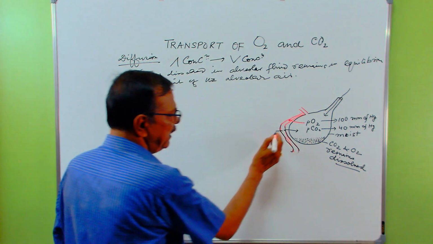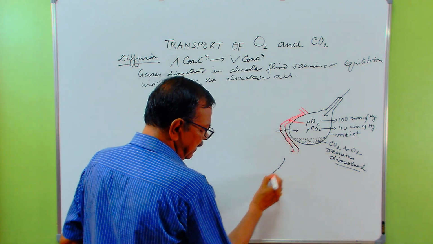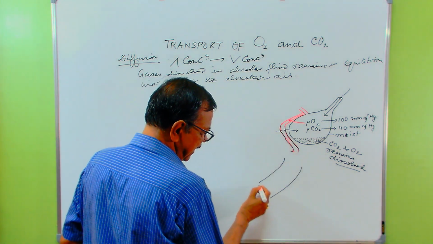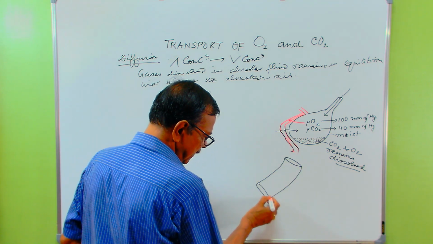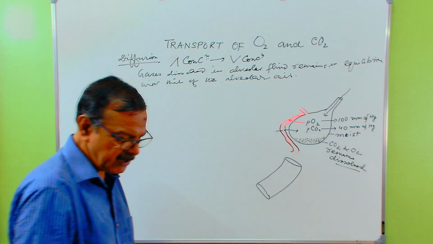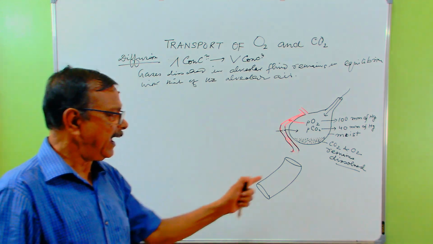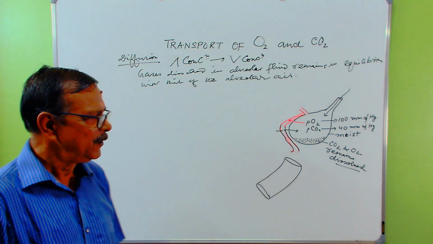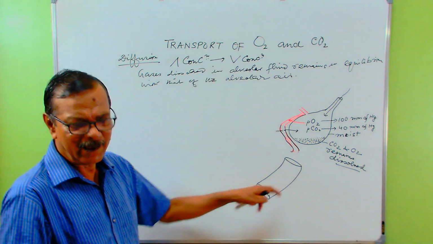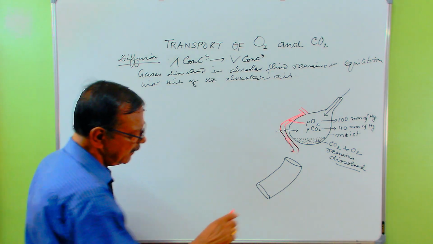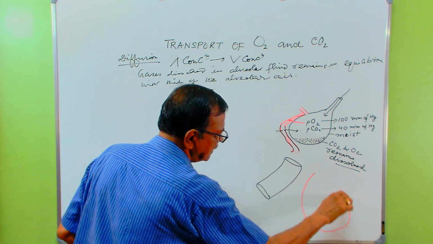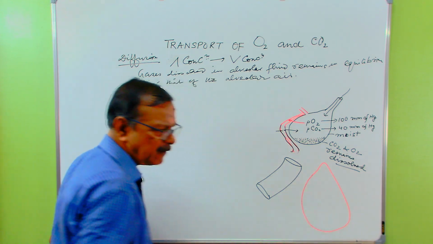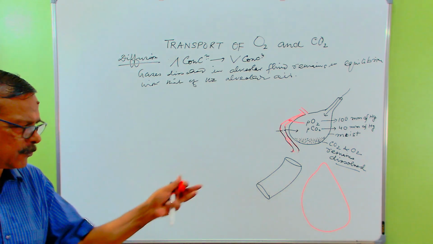Now, here the pulmonary capillaries are there. In the pulmonary capillaries, RBC, WBC, platelets, and plasma are also there. During my classes on WBC, RBC and composition of blood, you can go through.